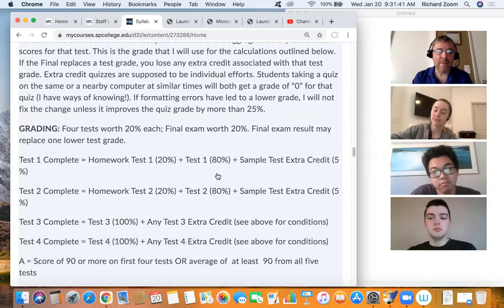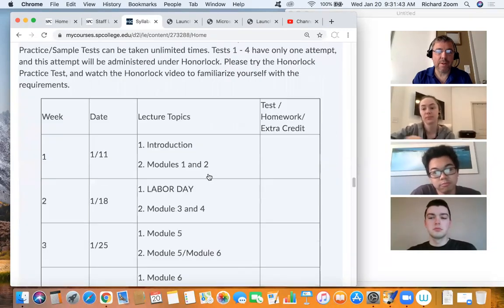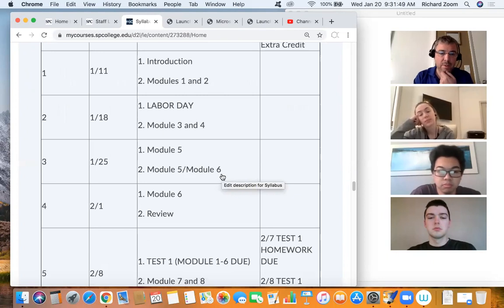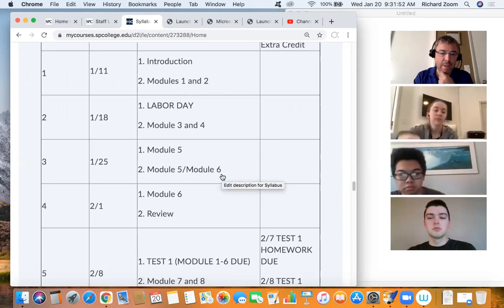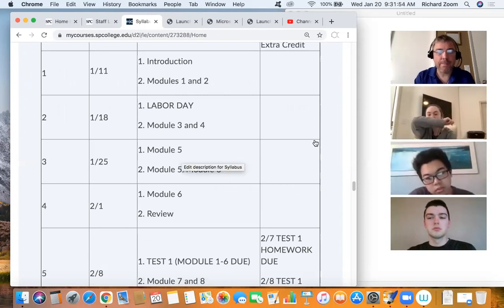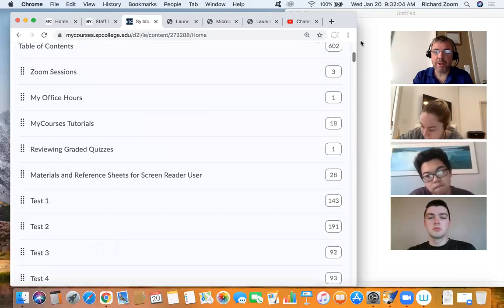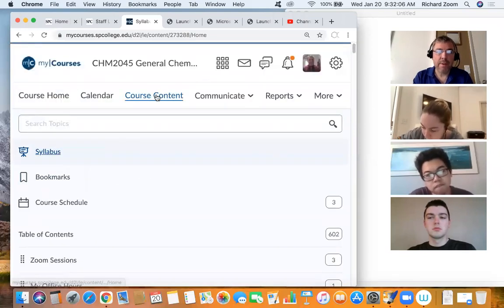Let's have a look. What are we doing? I wanted to look at the schedule here, make sure we were on track. I think I had started on module 3, and I think we're at module 4 now. I'm hoping that people have done some stuff with modules 1, 2, and 3.